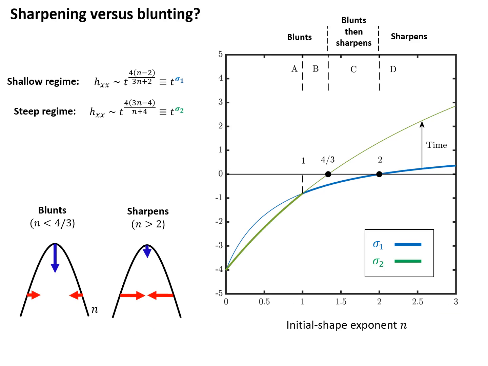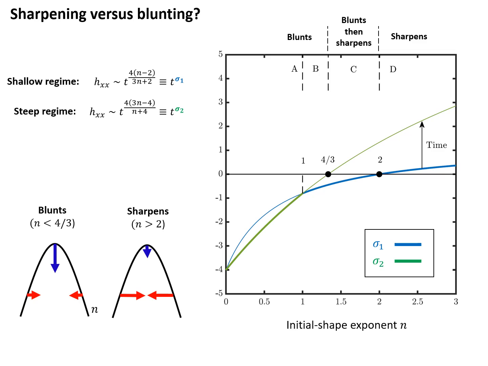So let's now try to address this interesting question of when a body will blunt or sharpen. As we just discussed, there is a critical value of n at which the shallow regime will apply first and then the steep regime will apply second. But also, if you remember from two slides ago, there's a difference between the prediction of whether sharpening or blunting occurs in these two regimes.